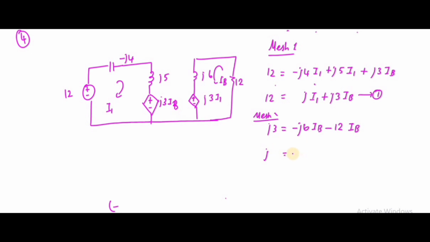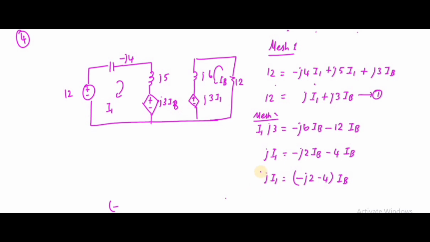If I divide the whole term by 3, this is (J2 minus 4) into IB, J I1.